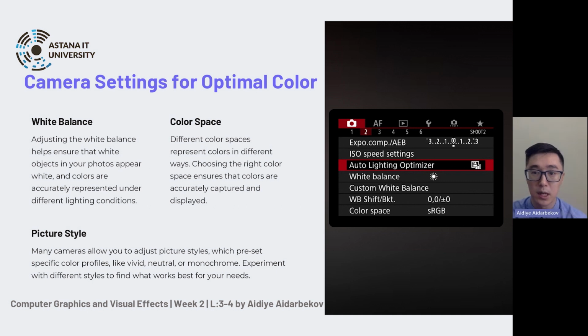Because again, if you do bad homework on these camera settings at the time of shooting, then of course you need to work more on editing, on computer graphics.